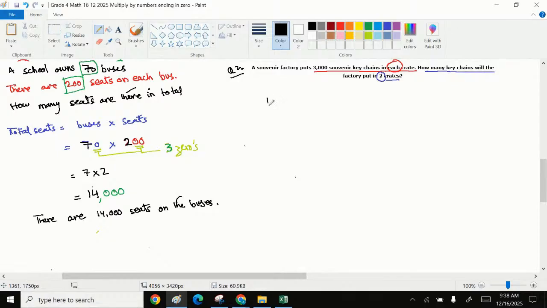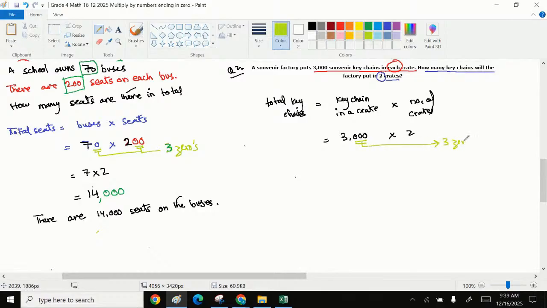So we need to find total keychains. That would be equal to keychains in a crate. How many were there? There were 3,000, right? Into number of crates. That would be times 2. So we need to see the number of zeros over here. In total, we have 3 zeros, right?